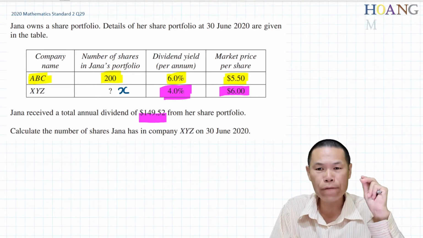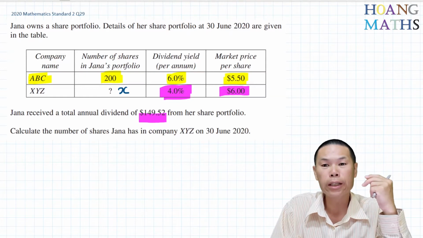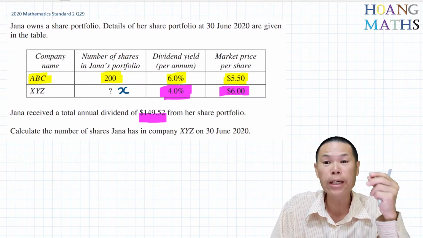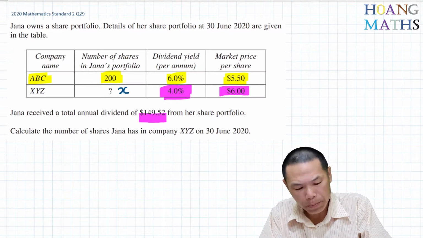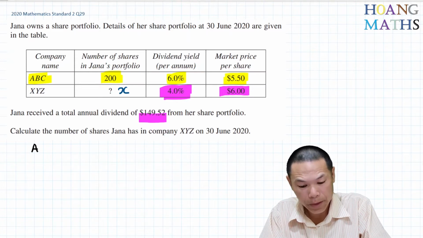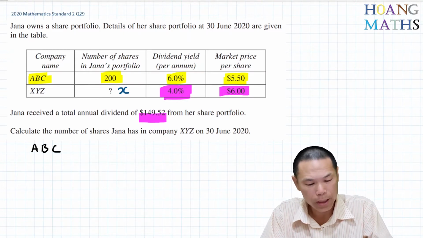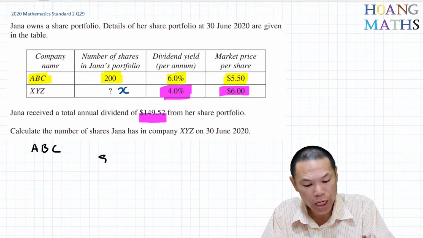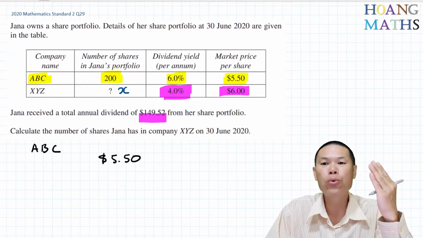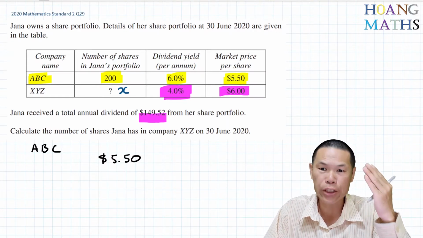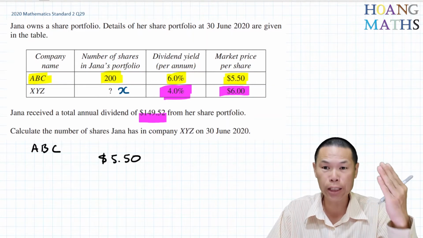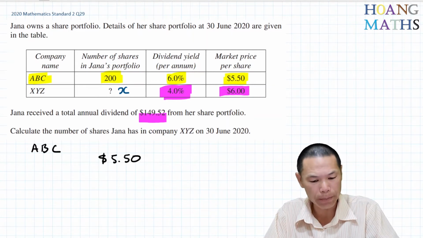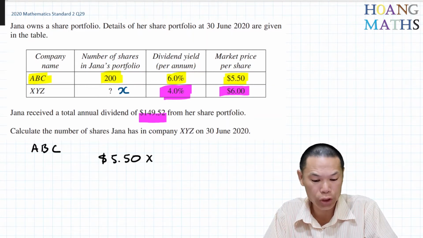To do this, first of all, let me work out the dividend for company ABC. The market price for each share is $5.50. We need to work out the total value that Jenna has in company ABC first, and then she gets 6% of that. Just remember that. So we times by 200 shares.